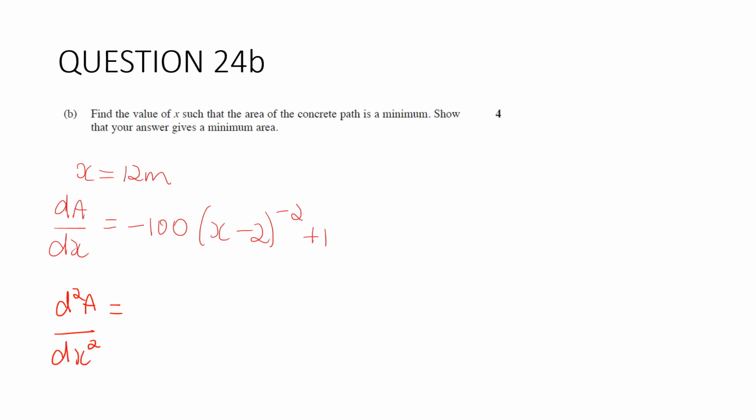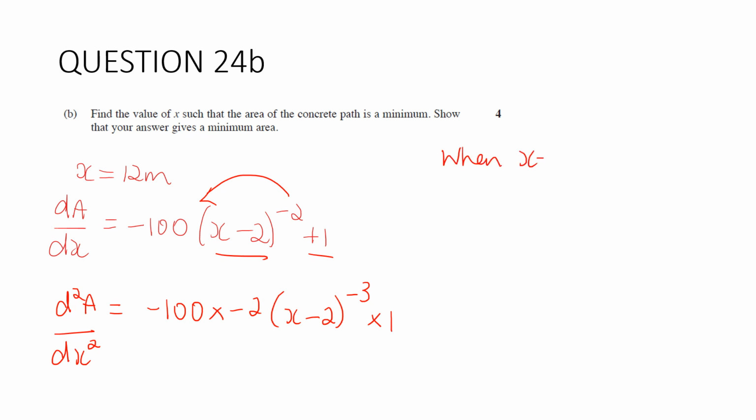So we've got -100 multiplied by, power comes down, (x minus 2) to the power of -3 times by the derivative of the inside function, which is 1. And when I differentiate 1, I get 0. Okay, we had x is equal to 12. When x is equal to 12, the second derivative is equal to 200 times (12 take 2, which is 10) to the power of -3.